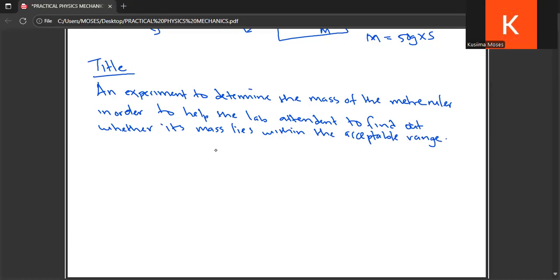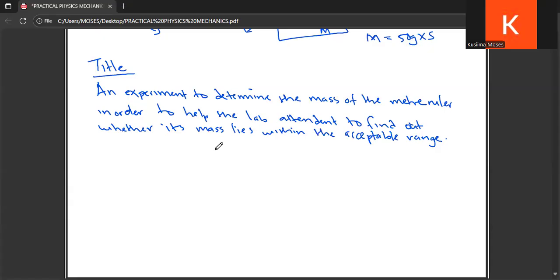That is our title. The title must have the aim. The aim is finding the mass of the meter rule. Now, why are we doing this? To help the lab attendant to find out whether its mass lies within the acceptable range before they can be used in the physics experiment.